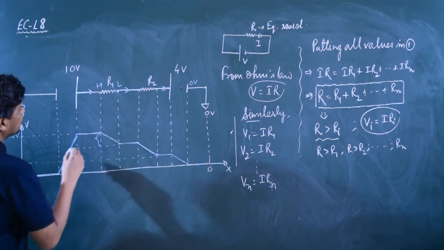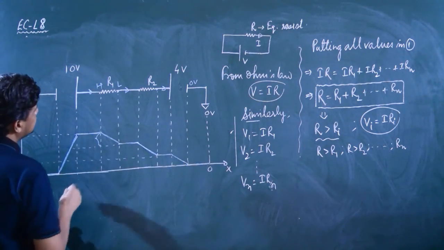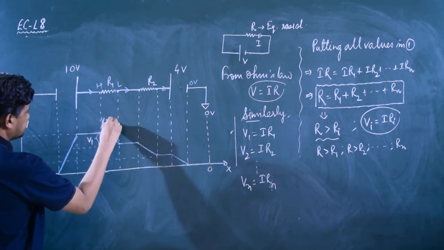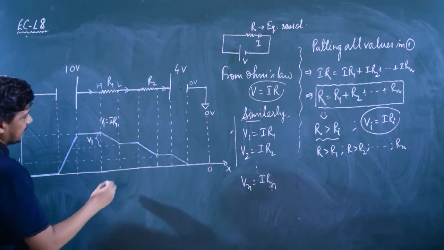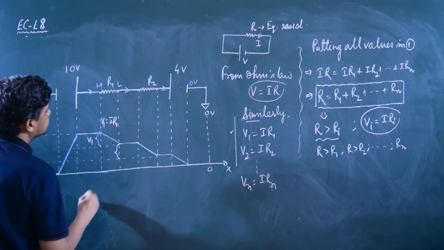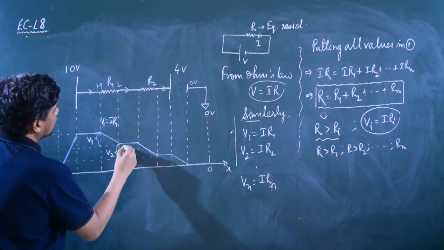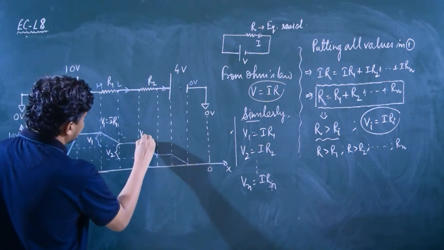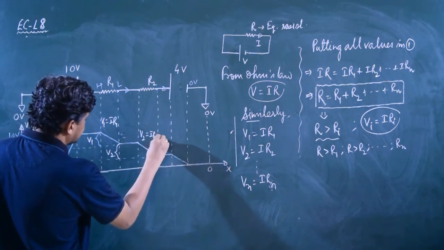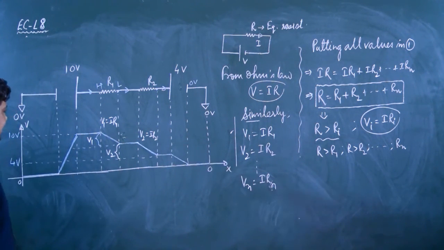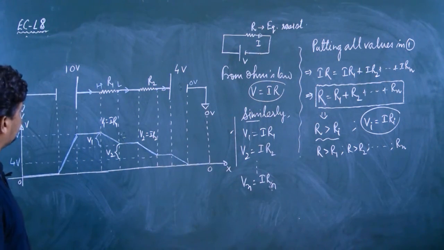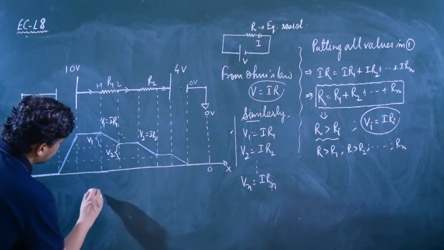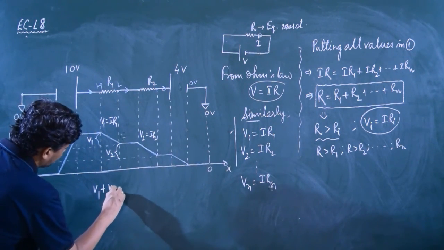So now see here, this potential difference we have is IR1, that is V1. What is V1? IR1. And here the potential difference we have is V2. Sorry, here V2 is equal to what? IR2. And what is this gap? It is the combined potential difference across the resistors, that is V1 plus V2.